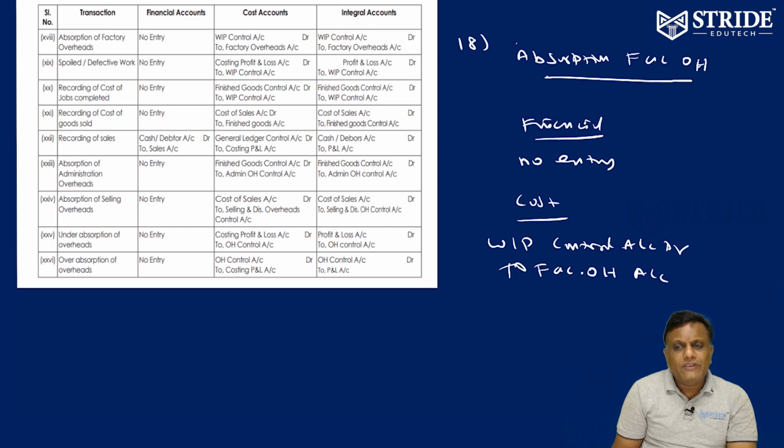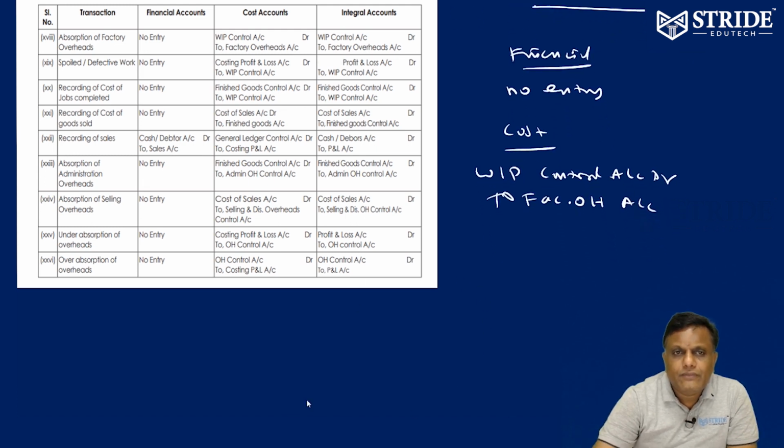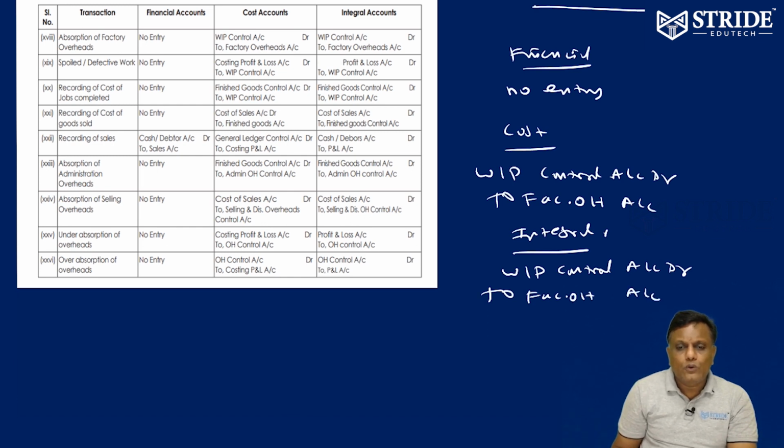So, absorption of factory overhead means it should be transferred to WIP from factory overhead. Any absorption is transferred to WIP. Right. In integral books, same entry, there is no financial entry. Therefore, WIP control account debit to factory overhead control account.